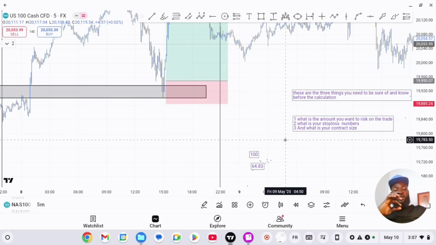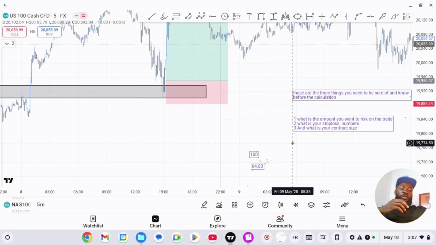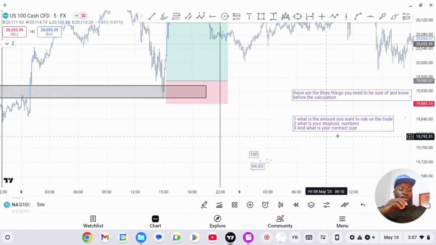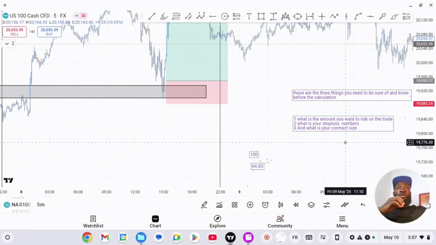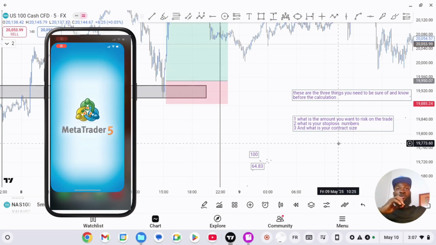The last thing you need to be sure of is your contract size. Different brokers have different contract sizes they allow their traders to trade with. What you need to do is go to your MetaTrader 5 or MetaTrader 4 and go to details.